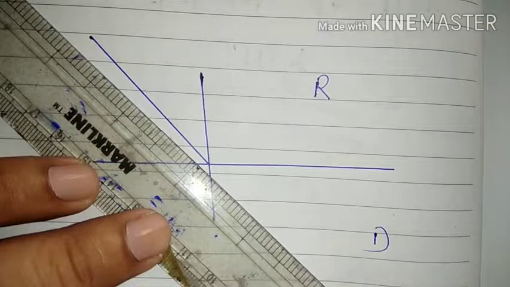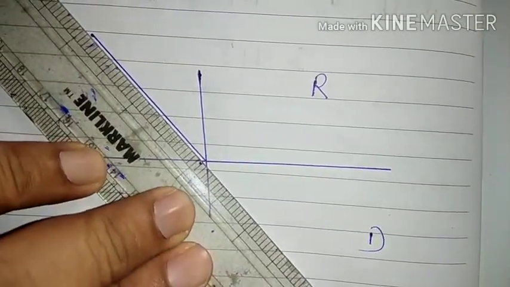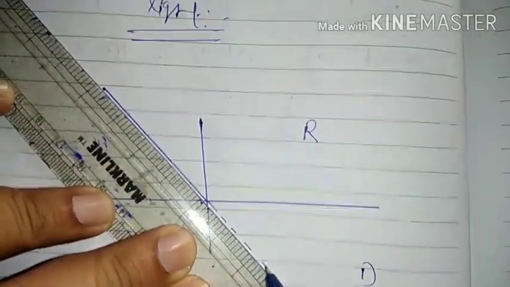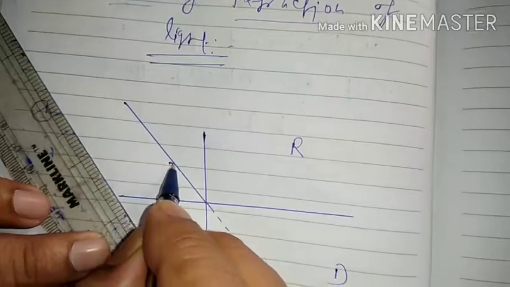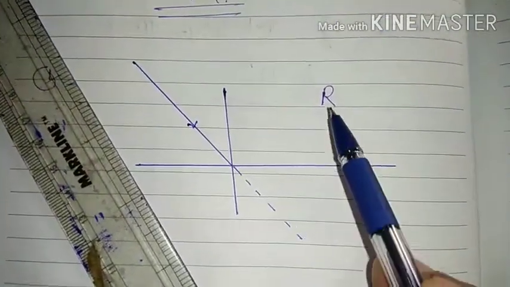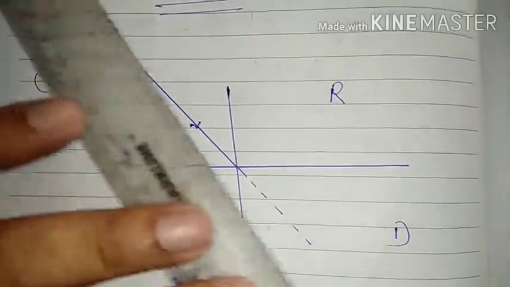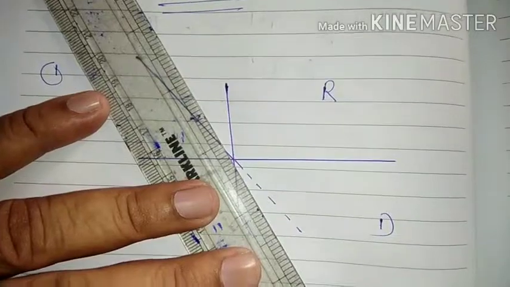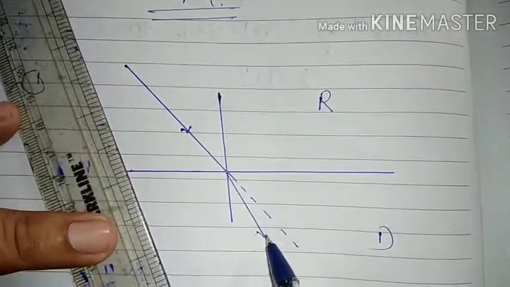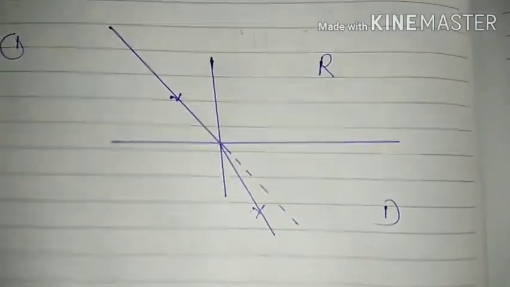With the property of rectilinear propagation, light should travel on a straight path, but due to refraction we have seen that rays of light change their path. If rays of light travel from rarer to denser, then they bend towards the normal. Now we can easily explain the laws.